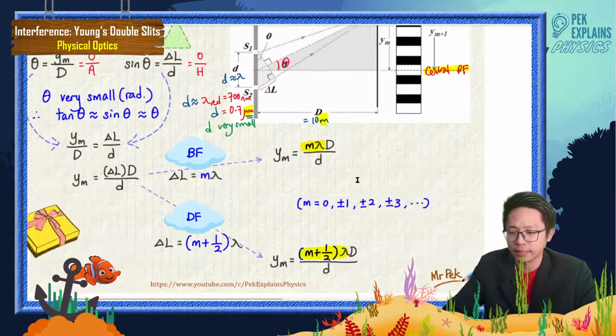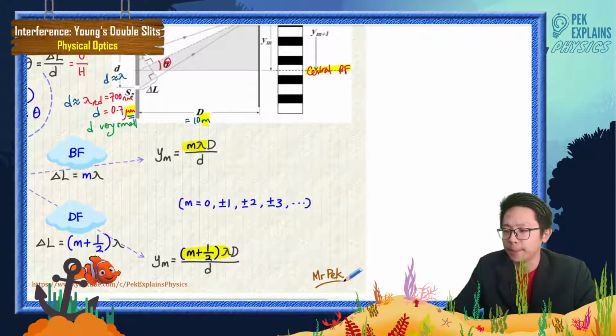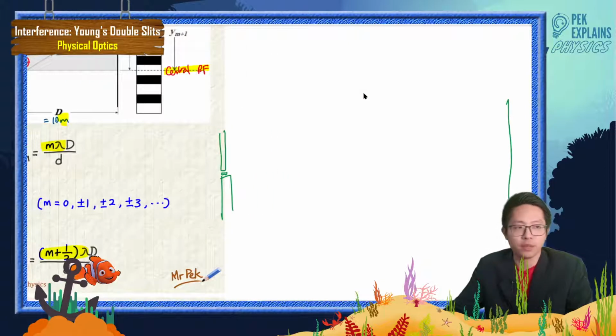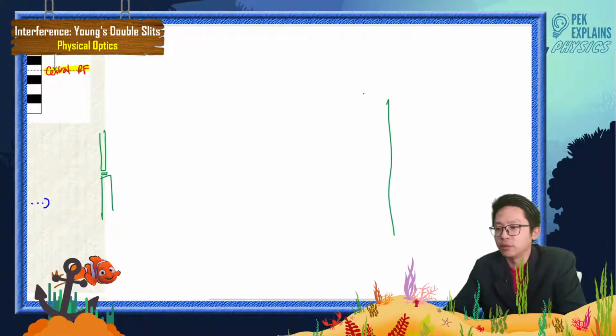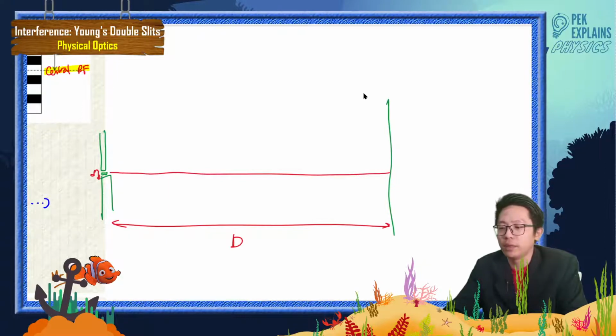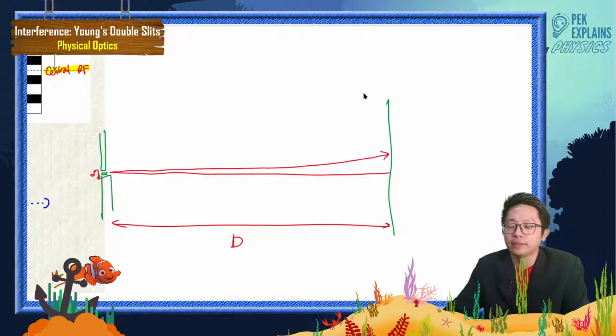Or I can say like this: these two slits are very small, but this distance is very big, very far away. So this very small separation, compared to the distance D, forms a very small angle over here.